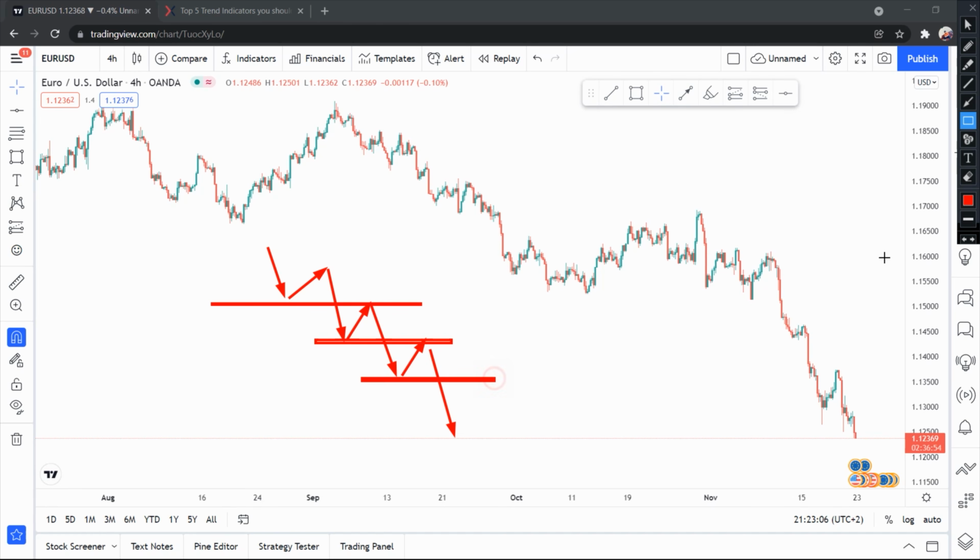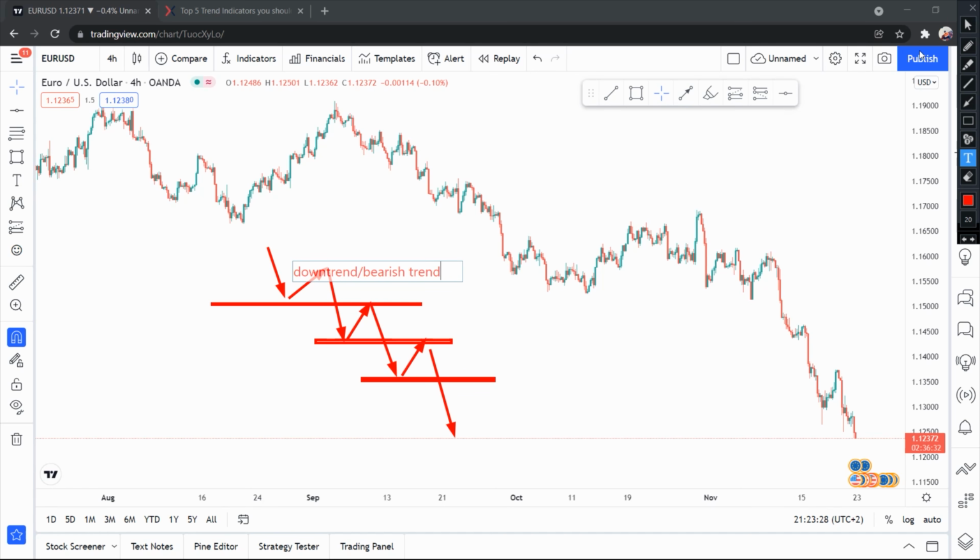So that's a downtrend, or we can also call it a bearish trend. That's the first thing.